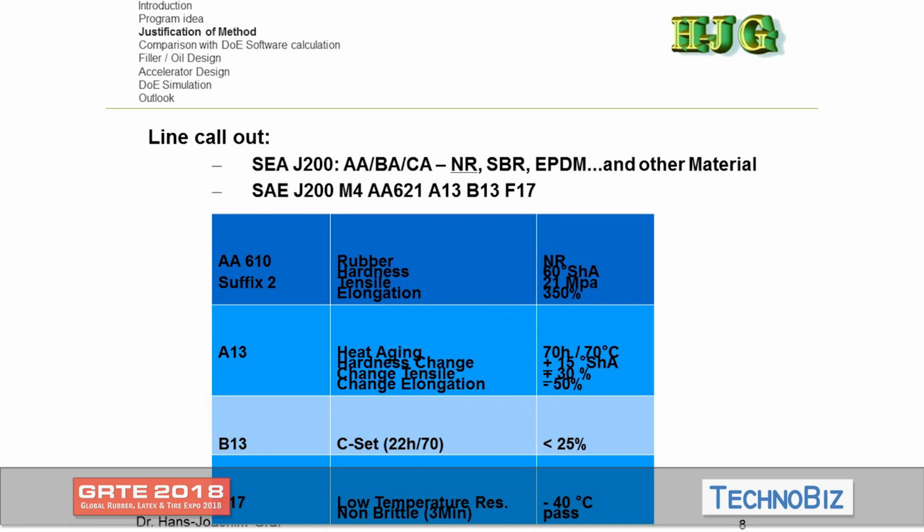So I give you an example here of a specification as a J200 system, which is a most closed system in a spec and widely used in North America and in Europe as well, and I believe also in Asia.